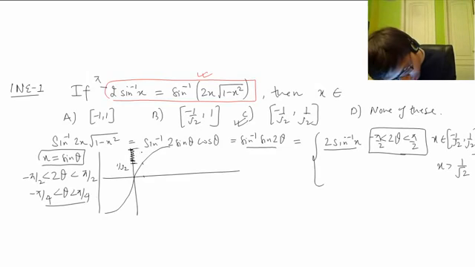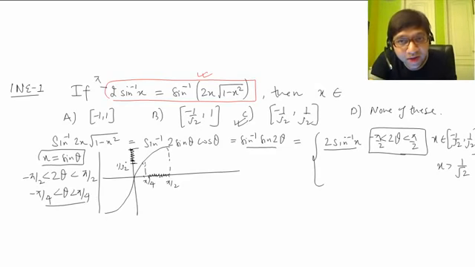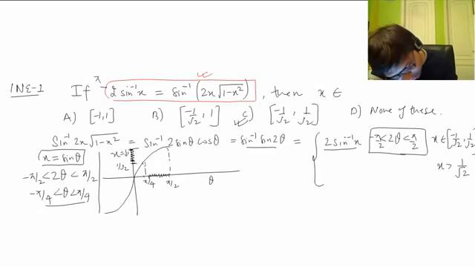X greater than 1 by root 2 means that theta is from pi by 4 to pi by 2. The mapping we are doing is from x to theta. This is x, that is sine theta, x is sine theta, and this is theta. So theta lies from pi by 4 to pi by 2. Now we see 2 theta. 2 theta is from pi by 2 to pi, and that's the problem here.